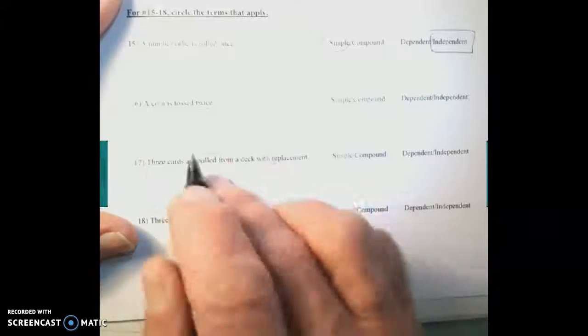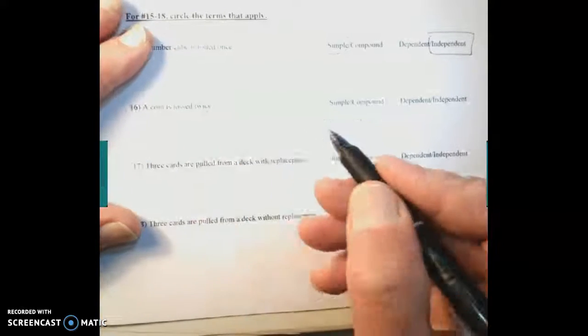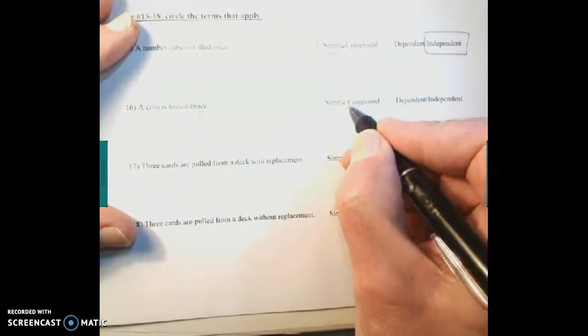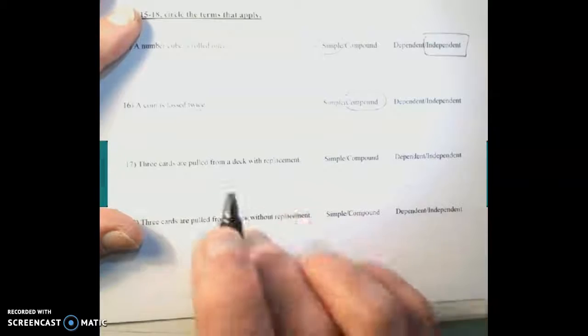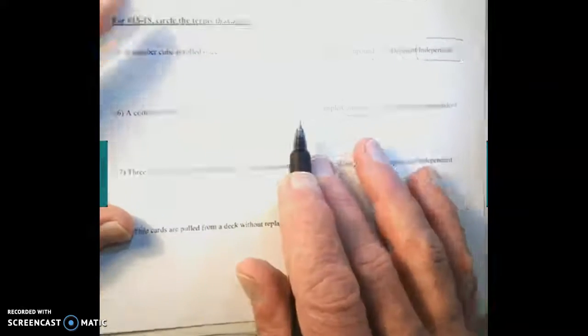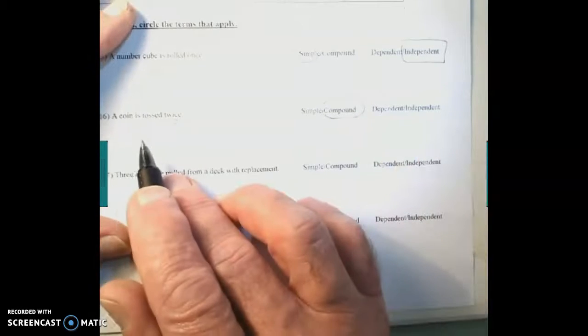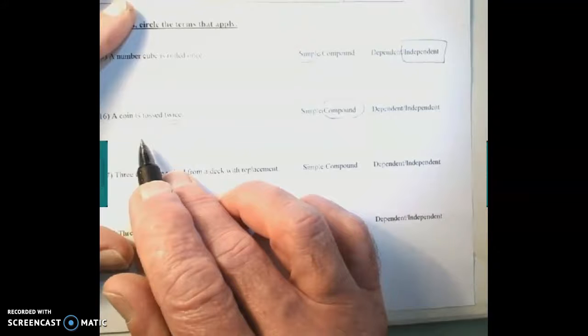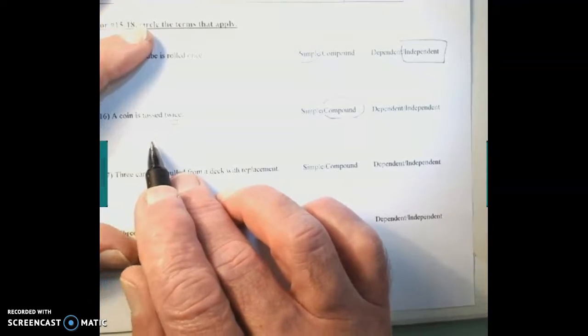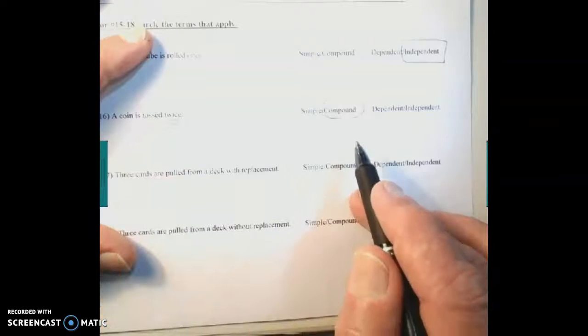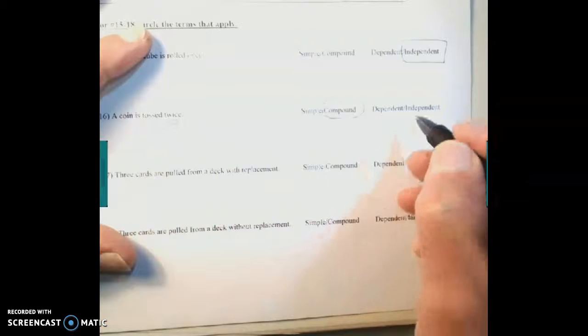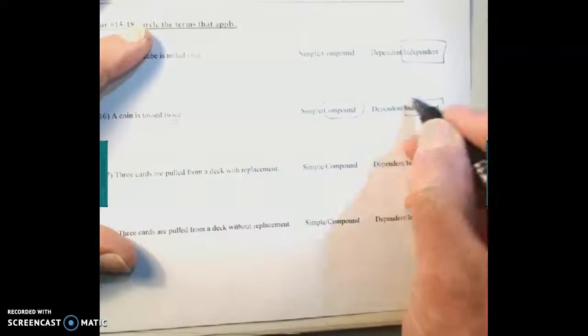That's more than one simple event. Flipping a coin would be a simple event. This is compound. Dependent or independent, the flip doesn't affect anything about the probability of getting a heads or tails on the second event, on the second flip, so these are independent.